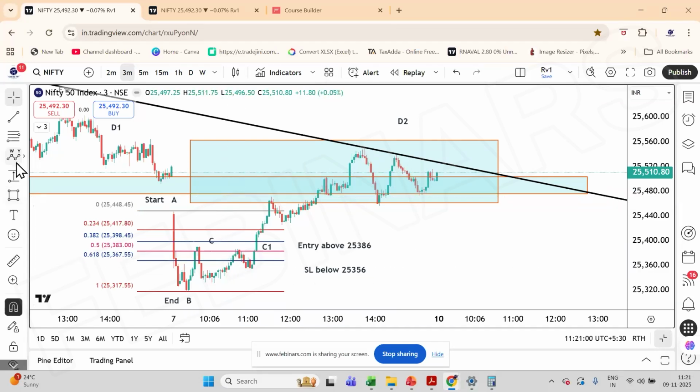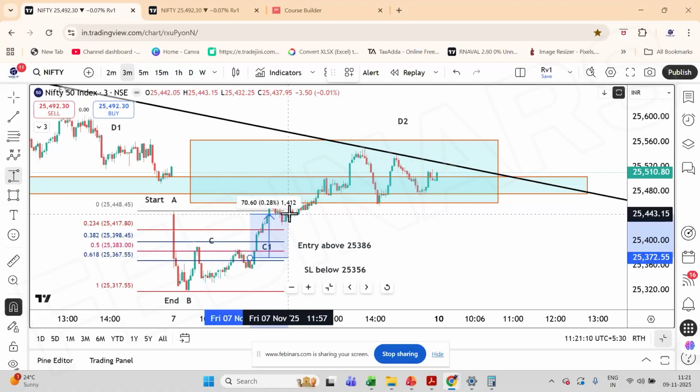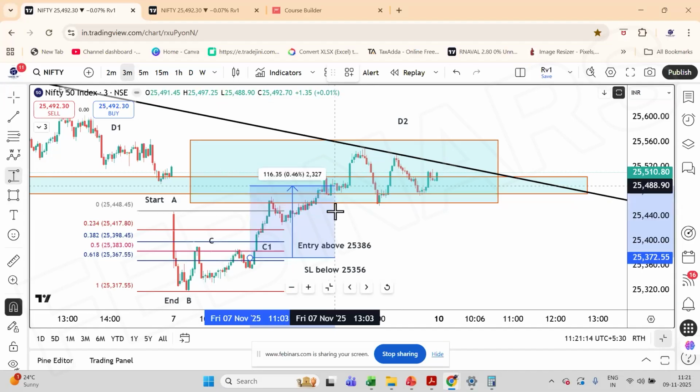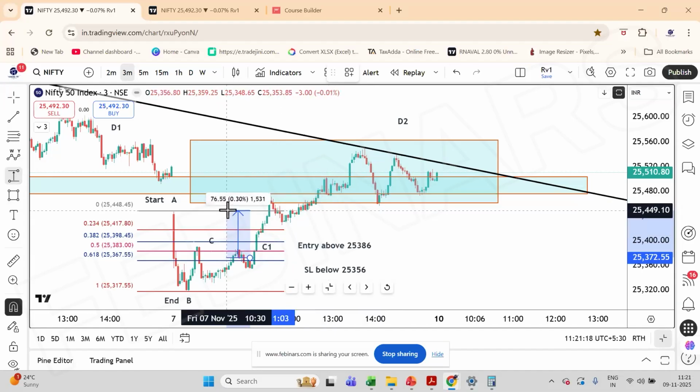What can be our targets? That's the beauty of it, my dear friends. The first target would be the start point, I would say.